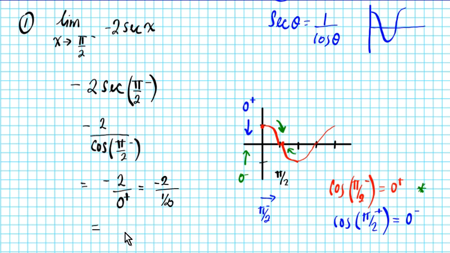Now what we're going to do next is drop, change, flip. Multiply the top by the reciprocal of the bottom. Multiply it out. You have negative 2 times an extremely large number, which is going to give you an extremely large negative number. Negative infinity is your final result.